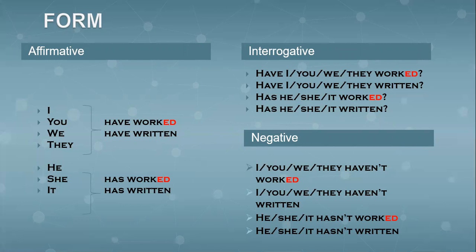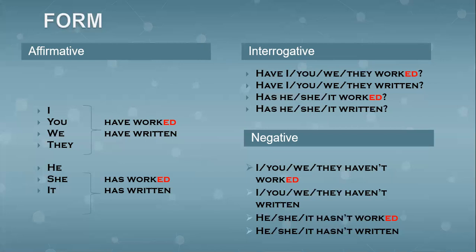We add an s to the helping verb. So what is the helping verb that we have in the present perfect? Excellent. It's verb to have. To have. So if we have the subject I, you, we, or they, do they add anything to the verb? No. So the verb follows them in its original form without any changes. So we say, I have, you have, we have, or they have.